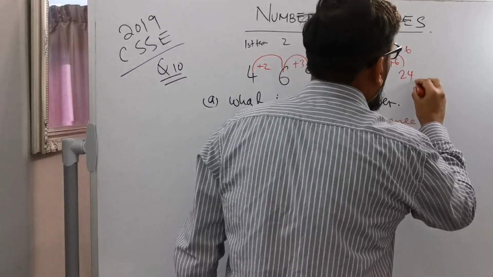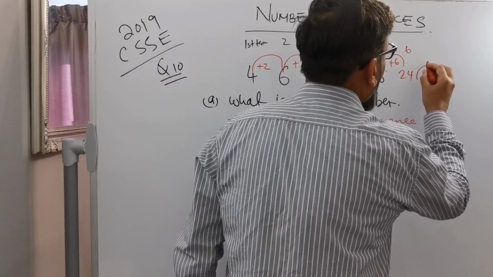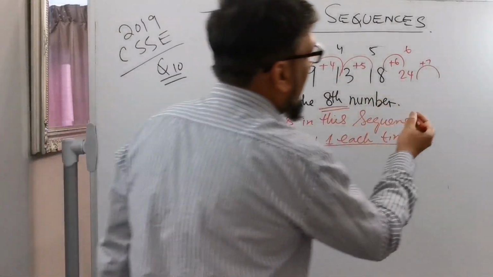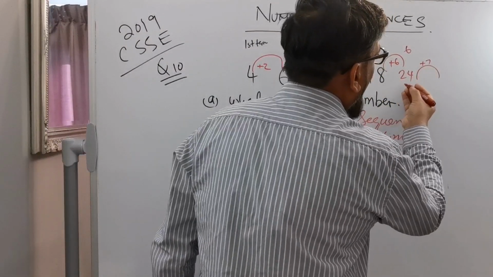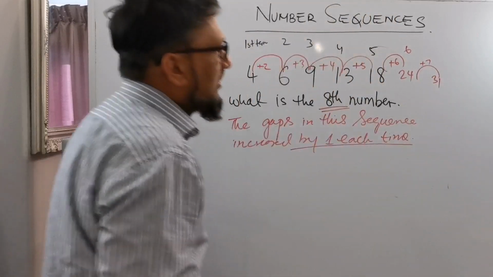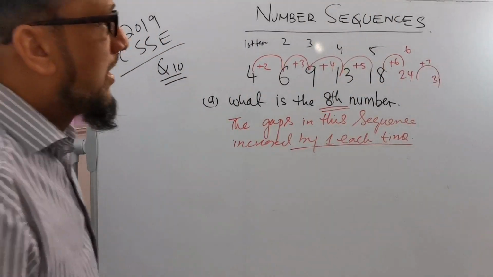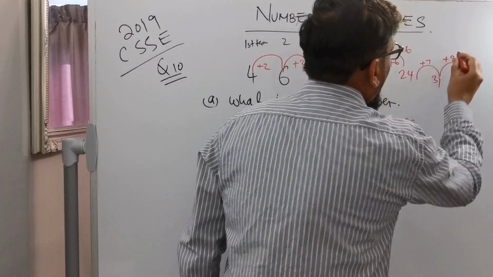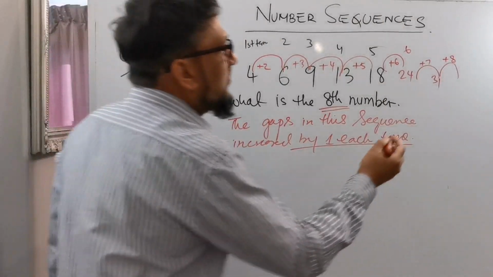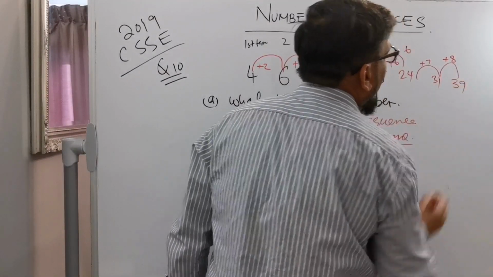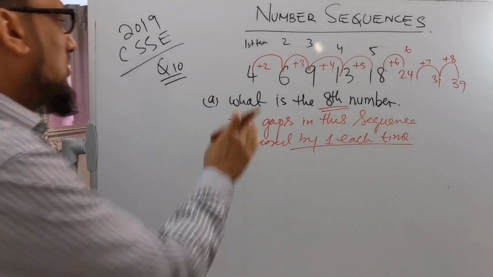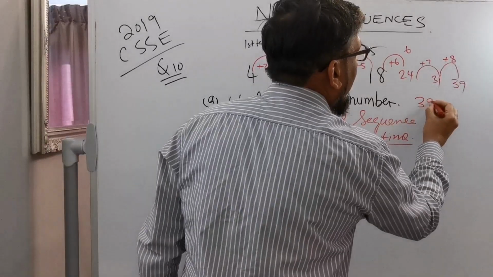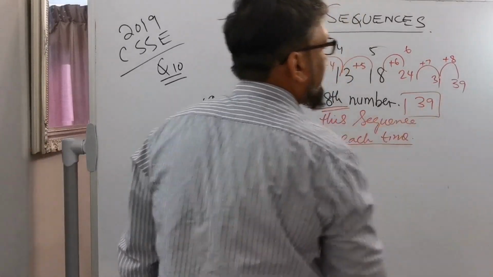And 24 plus 7, the gap is increasing by 1, so 24 plus 7 is 31. And 31 plus 8 is 39. So your final answer, what is the 8th number? The 8th number will be 39.